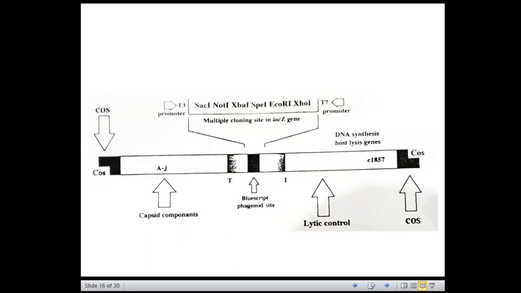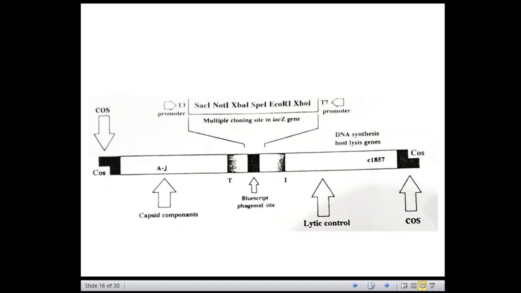One of the most useful features of lambda ZAP is that it has been designed to allow automatic in vivo excision of a small 2.9 kilobase, colony-producing vector, that is the phagemid pBluescript SK.